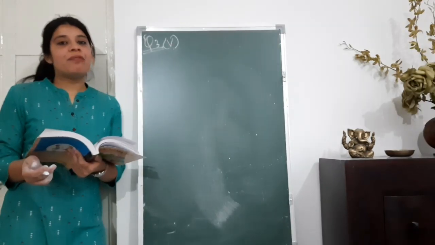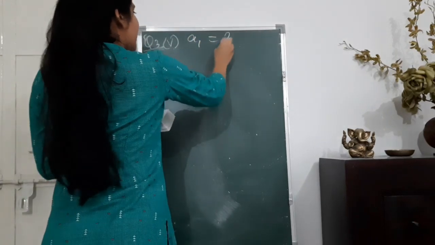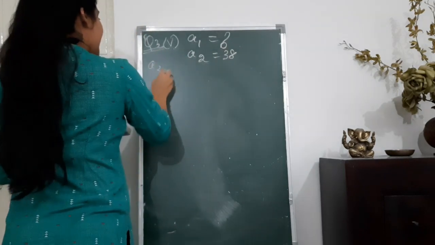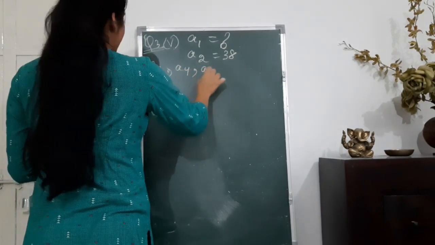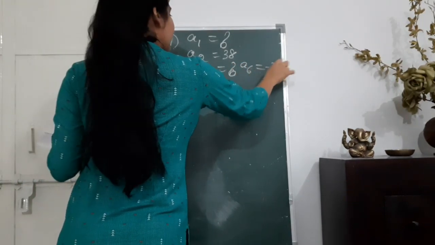So let's start with the fifth part of this question, where A1 is not given to us, A2 is equal to 38, A3, A4 and A5 are also missing, and A6 is equal to minus 22.